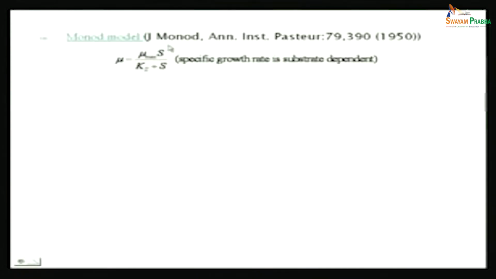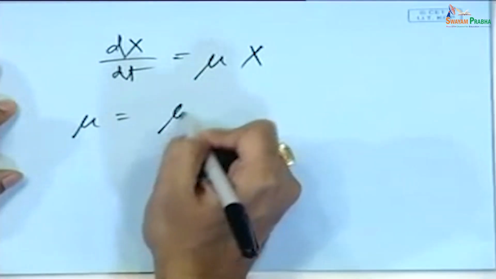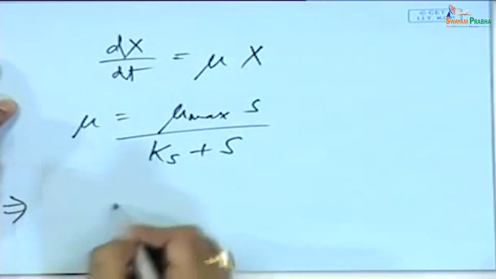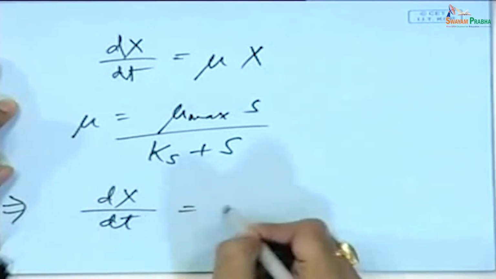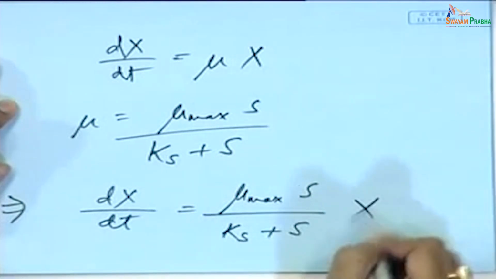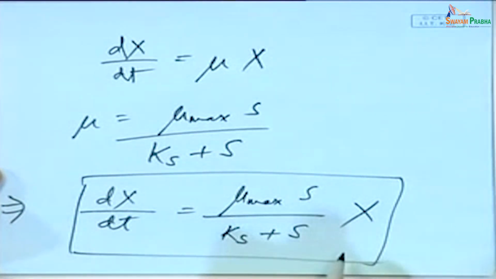So now my dx dt according to the Monod model is this. The model is still first order in x, but Michaelis-Menten in substrate or nutrient concentration. Is it clear?